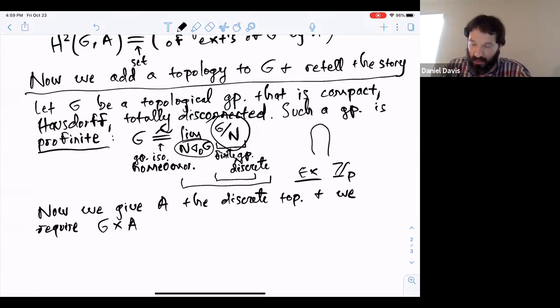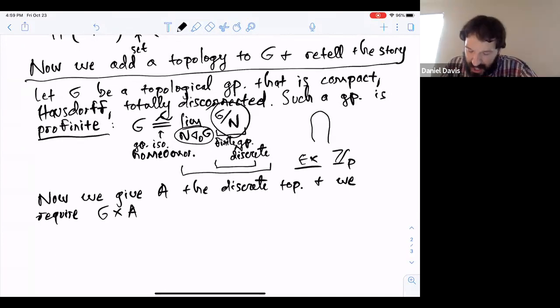We give it the discrete topology, and we're assuming that the following is true.